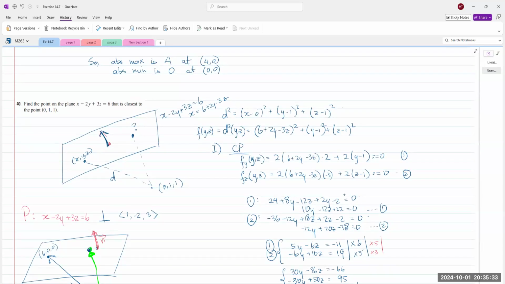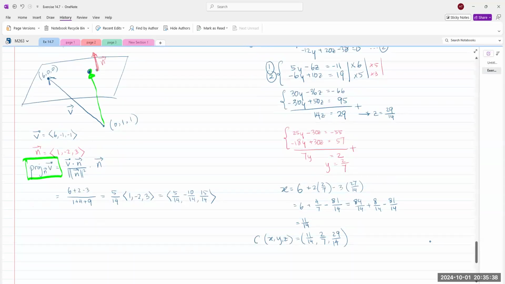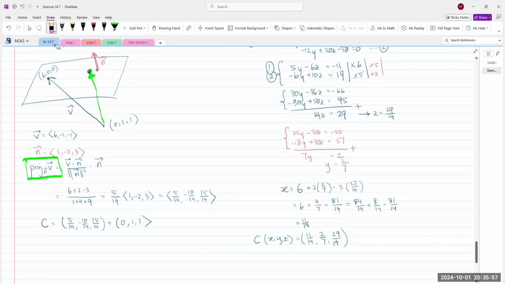Point C. Okay, so point C that we want, according to this, will be 5 over 14, -10 over 14, 15 over 14, plus that 0, 1, 1. I need to use vector notation, position vector. Now that gives me 5 over 14, 4 over 14, 29 over 14.